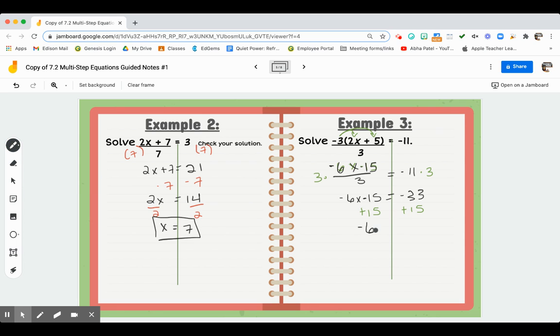Negative 6x is equal to negative 18. Divide by negative 6. And you're going to have x is equal to 3.